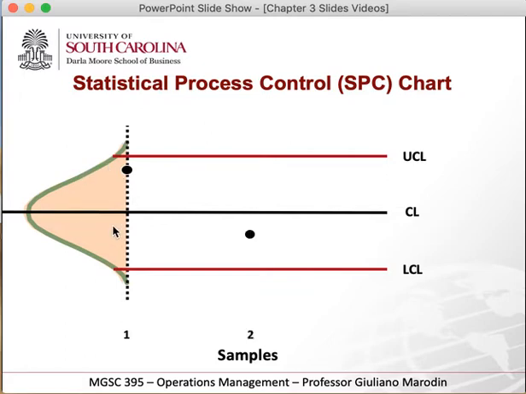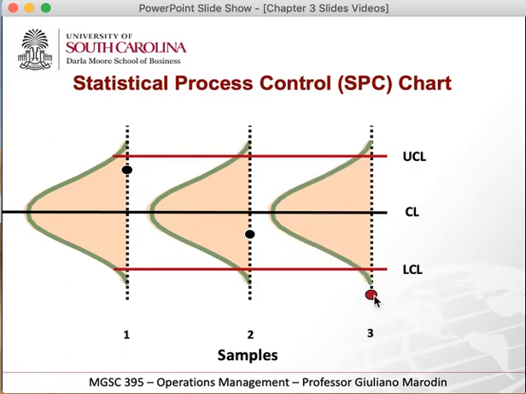I took a second one and it's here, so even more mean centered. So the likelihood of this coming from this distribution is very, very high, even higher than the previous case. But now I collected data and the sample was here. So I know that it's very unlikely that this sample mean is actually coming from this distribution. That's what I explained before with the histogram and a nicer drawing.